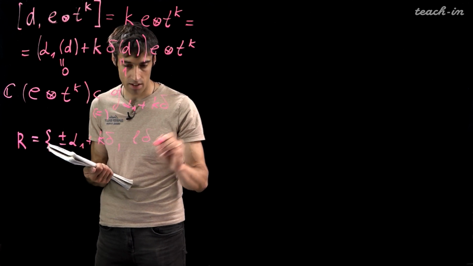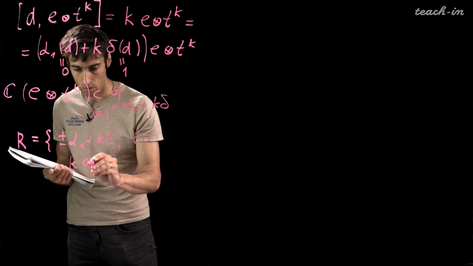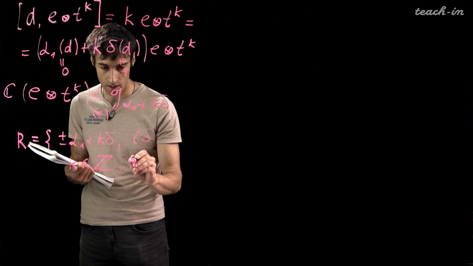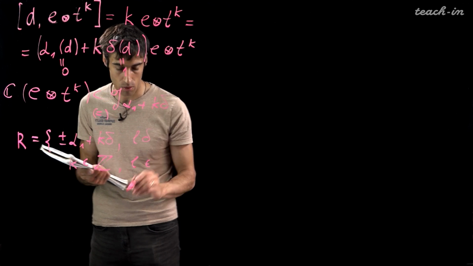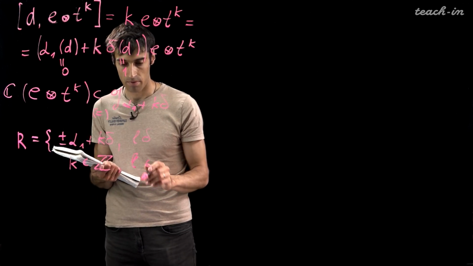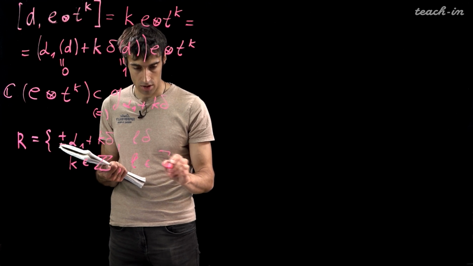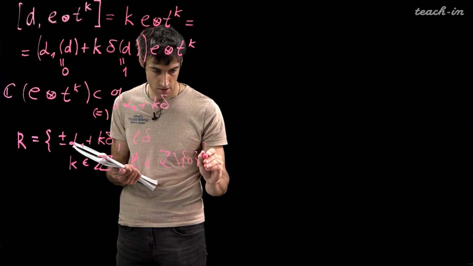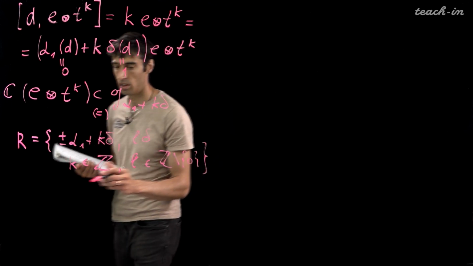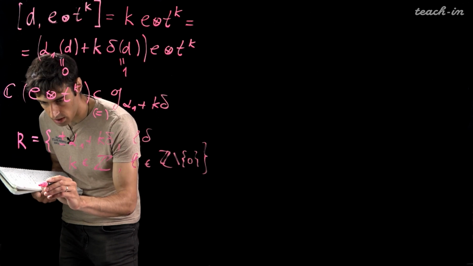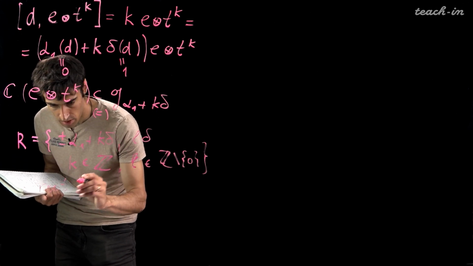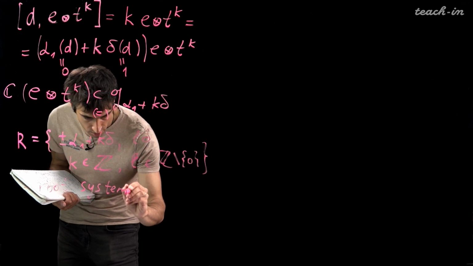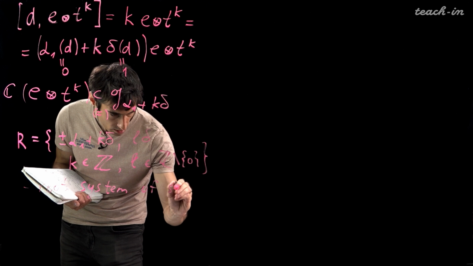Here k runs over all integers, and l runs over all integers except 0. So this is a root system of SL2 hat.